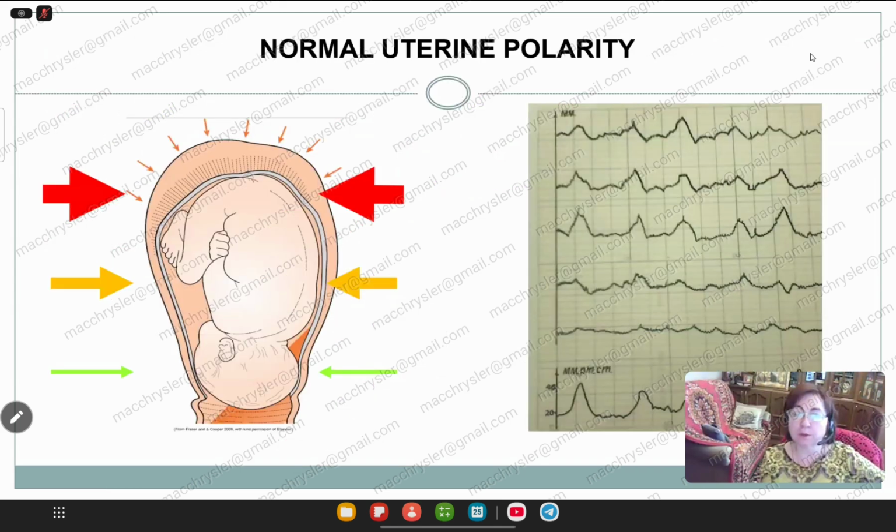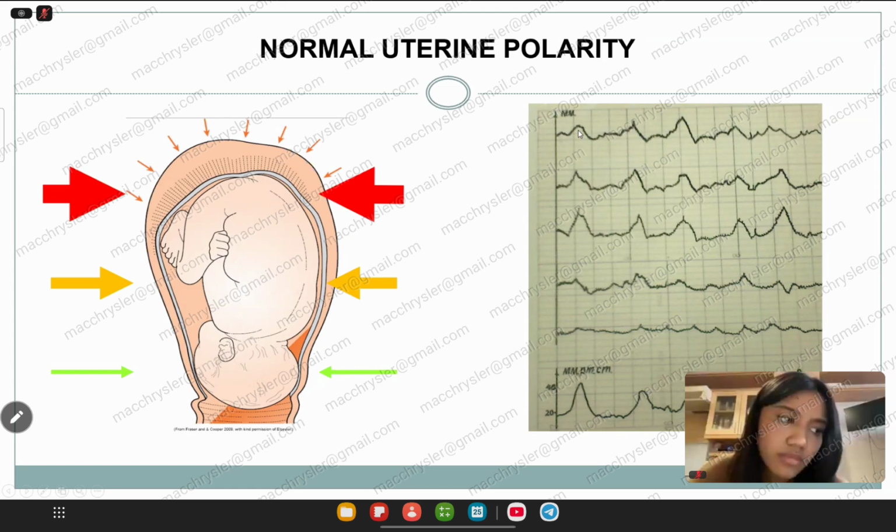For example, here you can see how it looks schematically and how it looks on cardiotocography. On the cardiotocogram, 1, 2, 3, 4, 5 are external waves, and one is summarized from internal tocography, which is introduced through the vagina inside the uterus. Are you able to see my mouse move?